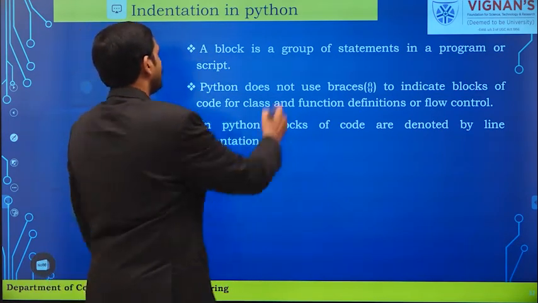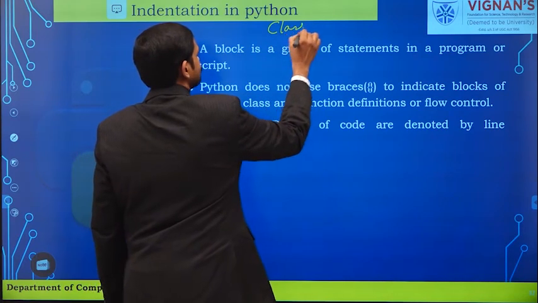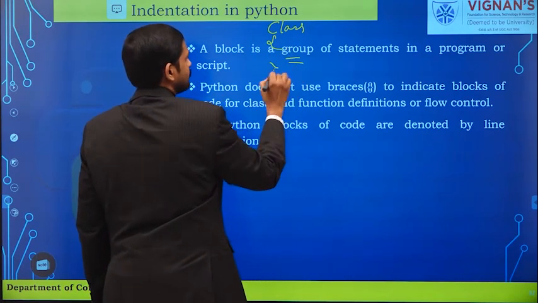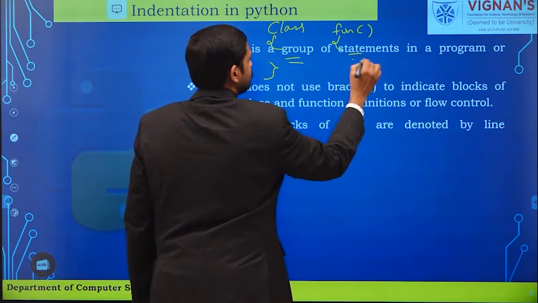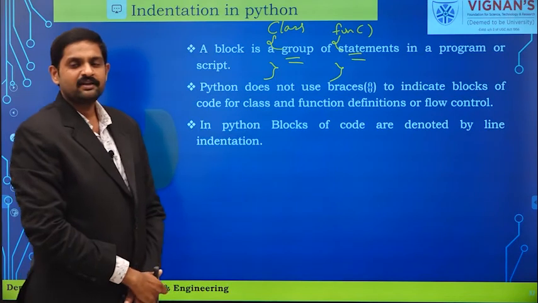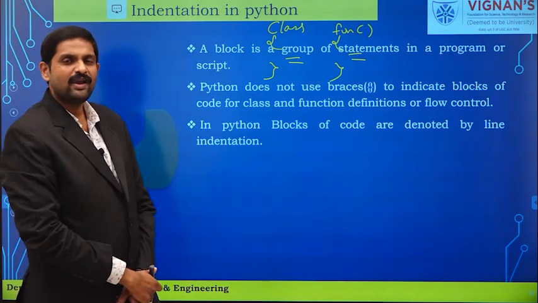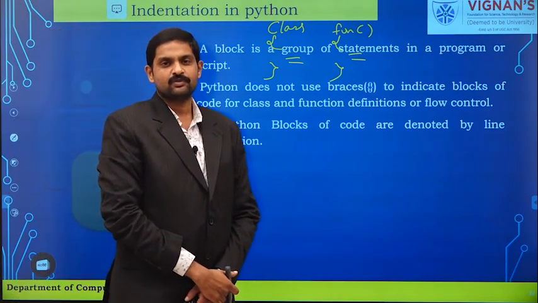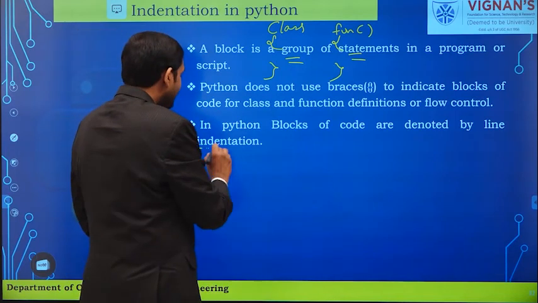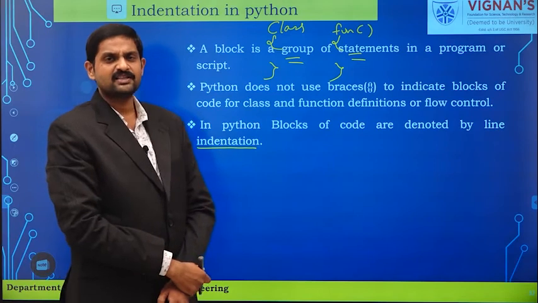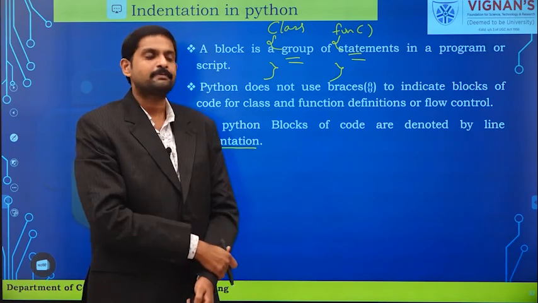You can see braces after the class, and after the function. But in Python, you will not see those braces. The blocks of code are denoted by indentation. Indentation is nothing but the space, one tab space.